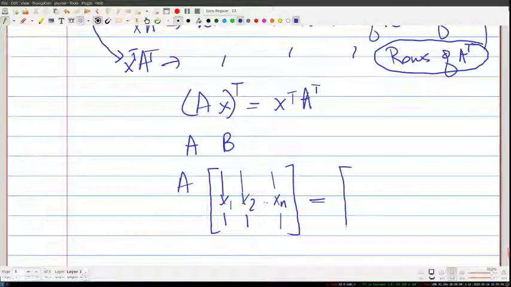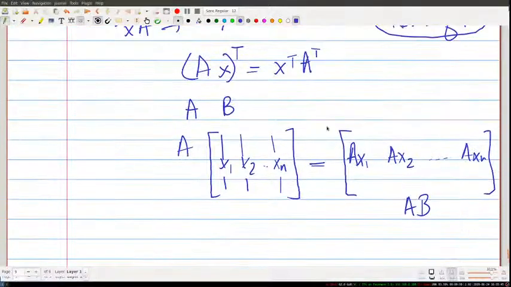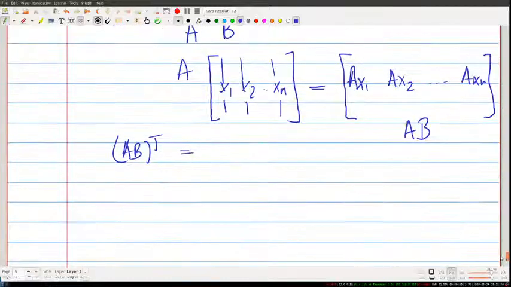Then we've seen that we can just view it as AX1, so the first column is AX1, the second column becomes AX2, and so on up to AXN. That's the matrix A times B, right? And now I want to transpose A times B.